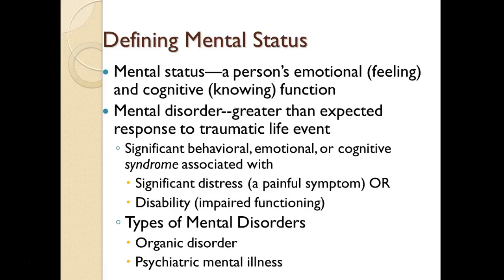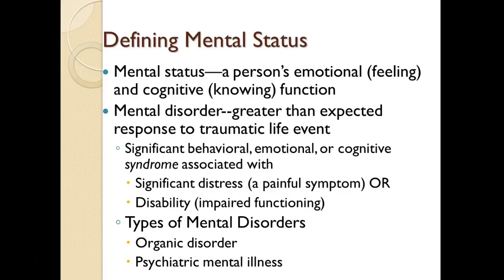Mental disorders are classified in 2 ways. We can have an organic disorder, which means there's a disease that is readily identifiable, a brain tumor, or alcohol and drug intoxication, something that has a definite cause that we can pinpoint and deal with.